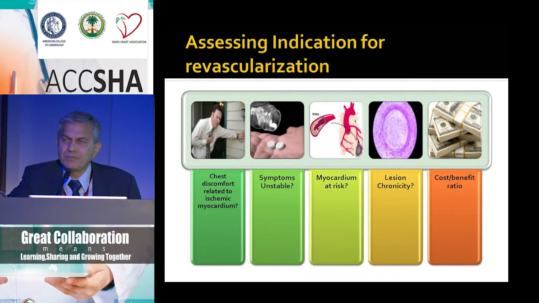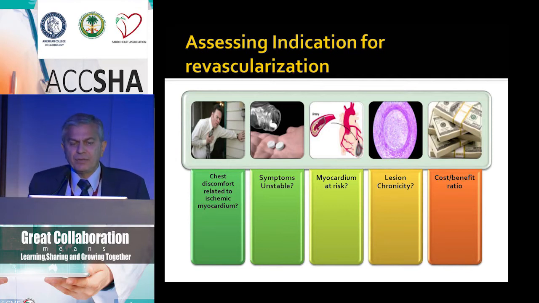So I took the patient off the table. The next day they were able to bring me a film from another hospital where the same lesion that I was looking at, that 90+% circumflex osteal lesion, was present 10 years before. So obviously this chronicity without symptoms made me not put this patient at risk of performing the angioplasty.